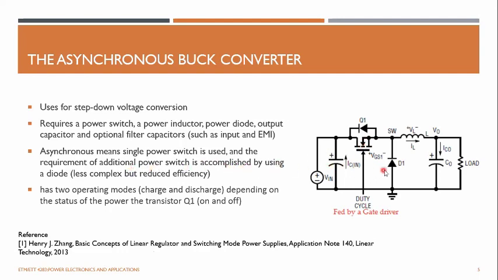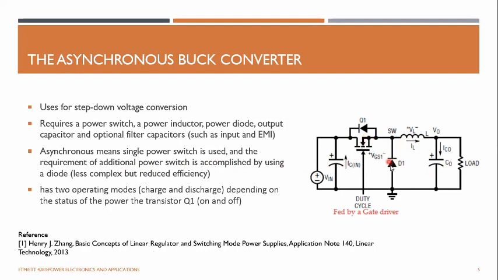Additionally, you can use another switch here, because this D1 diode is simply transferring the stored energy of the inductor. Sometimes you can just replace D1 by another MOSFET. In the diode, there's always a 0.7 volt drop, so when the current is circulating, there's always a power loss.